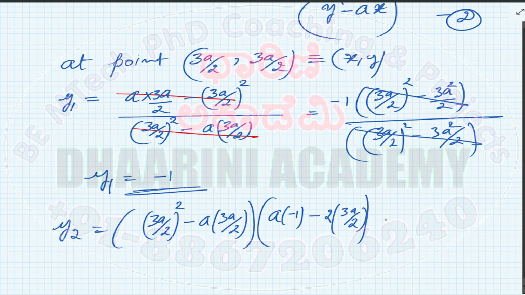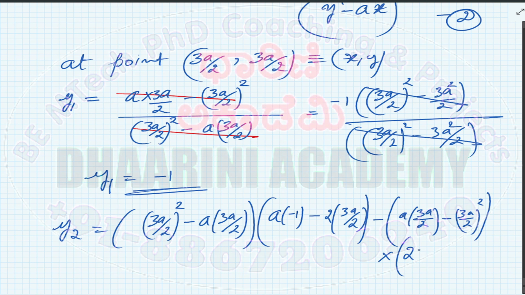So this is the term minus the next term ay. So this is a into 3a by 2 ay minus x square. X square is 3a by 2 the whole square. Sorry, into the next term is 2y into y1.